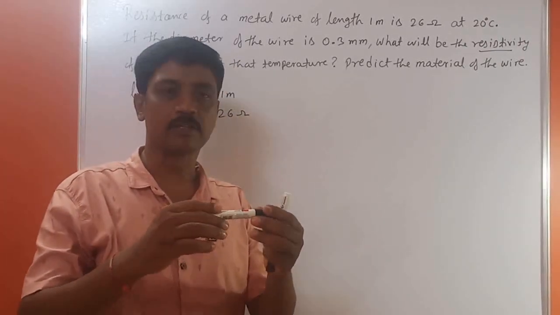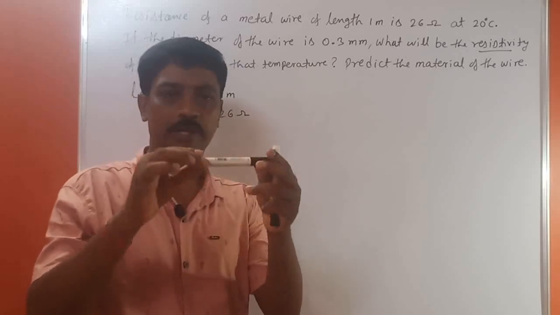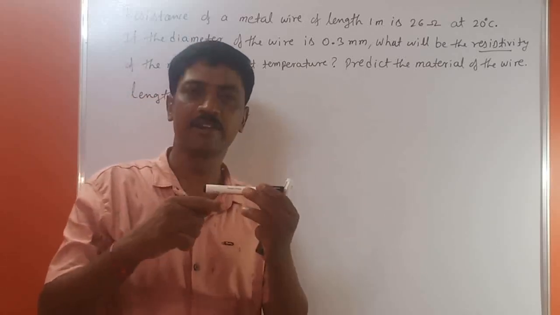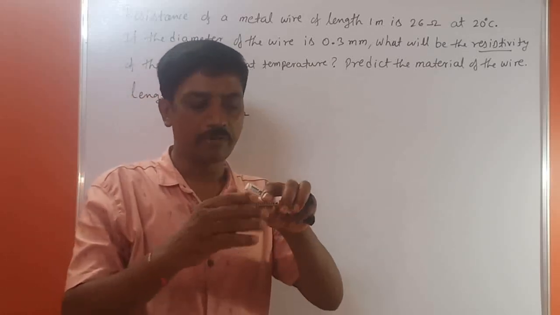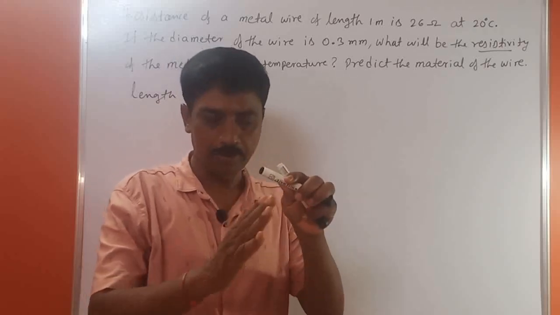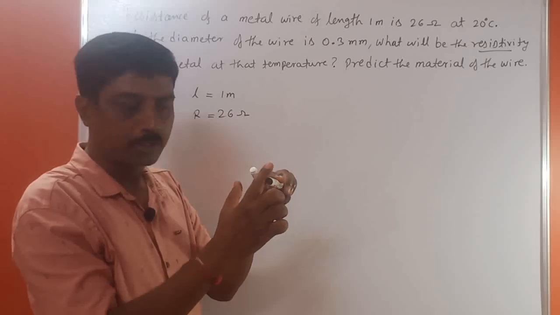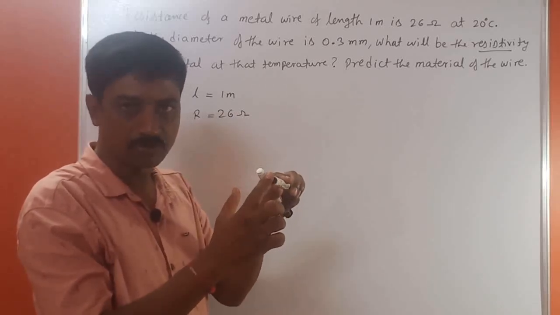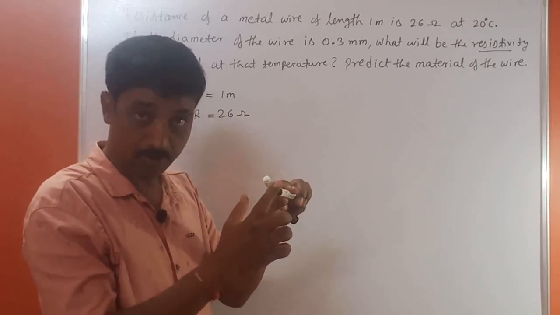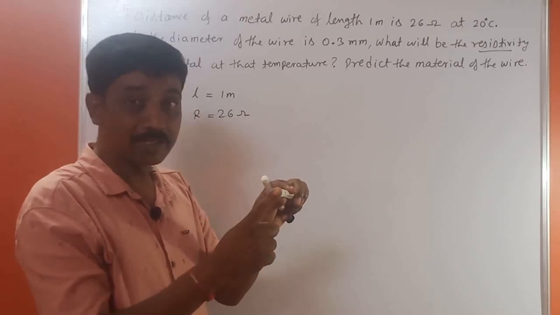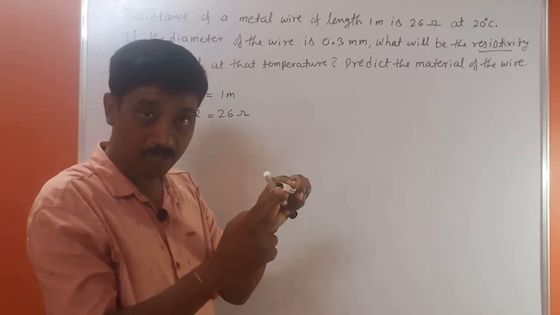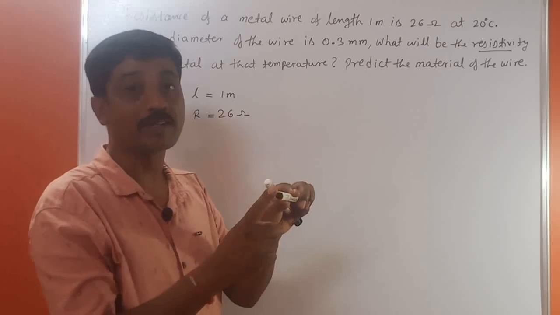The wire is always circular, like this pen. It is cylindrical always. And when you cut the wire at a particular place, you get this section circular. That we call the area of cross section. Okay, circular. So if this is circular, it has diameter, it has radius.